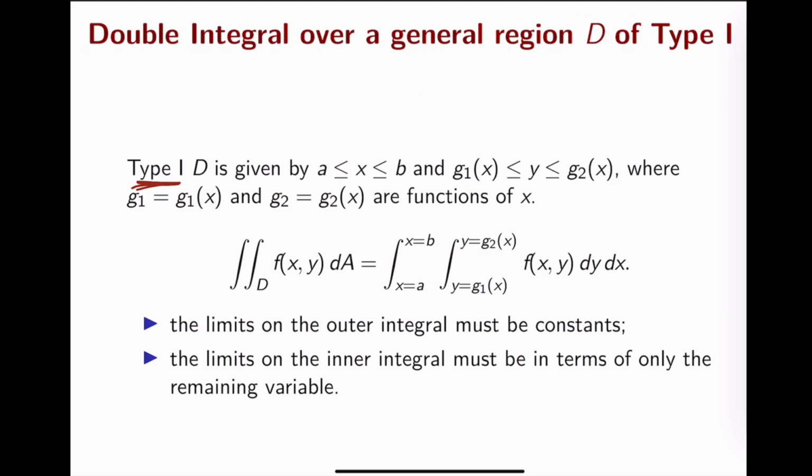A domain is going to be of type 1 if the x varies between two constants, a and b, and the y varies between two functions, g1 and g2.